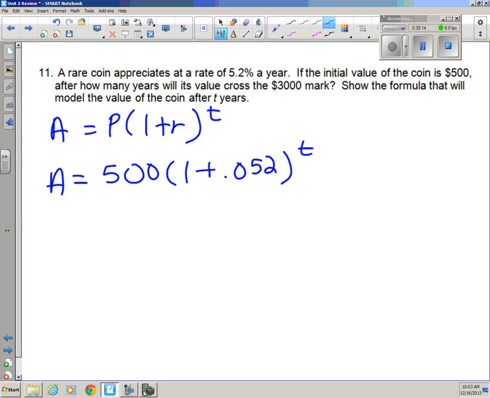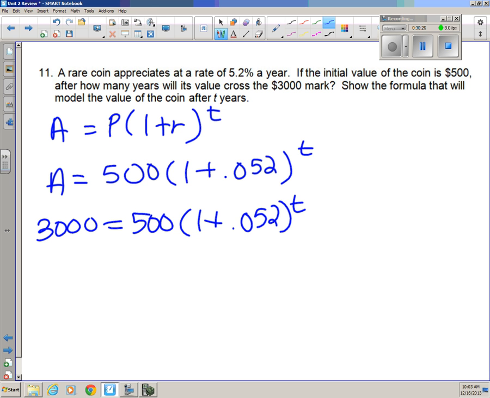So that's the formula that you're going to basically be using, and we're trying to find out when is the amount going to cross over the $3,000 mark. 1 plus 0.052 to the t. So you're going to have to use your calculator on this, or just start plugging in some random years. But I think the calculator is going to be the best bet.